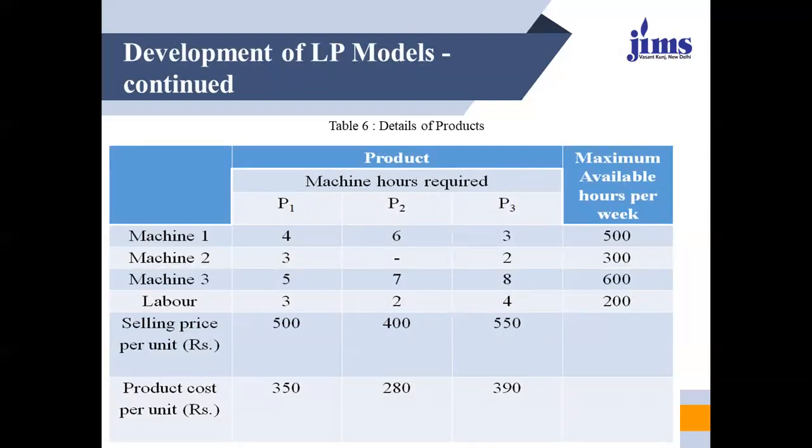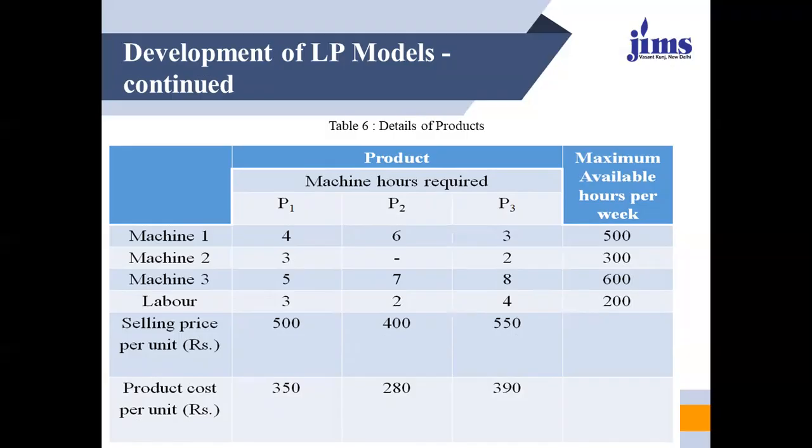For production of product 3, P3, you need 3 hours of machine 1, 2 hours of machine 2, and 8 hours of machine 3. Selling price of product P1 is rupees 500, that of P2 is rupees 400, and that of P3 is rupees 550.